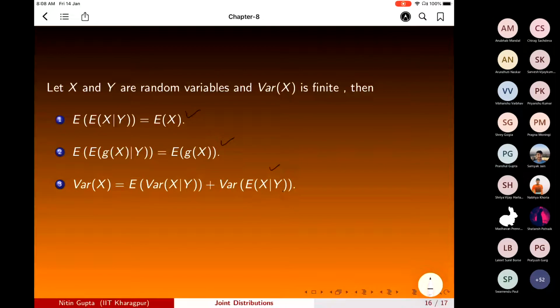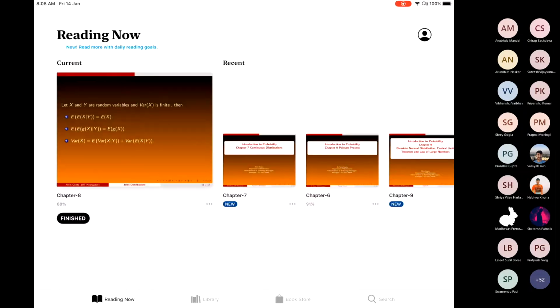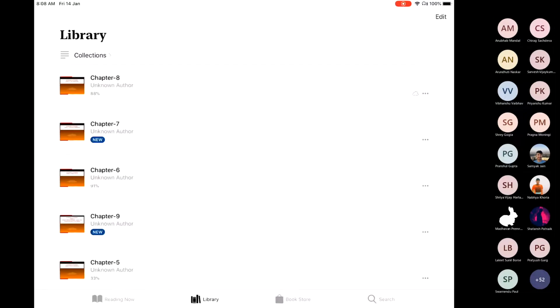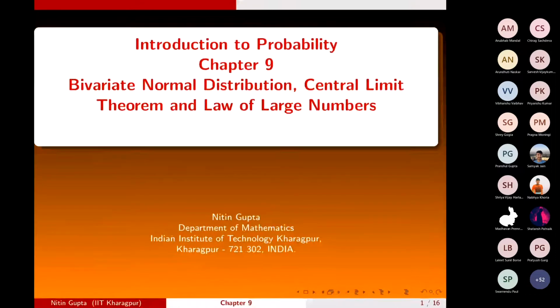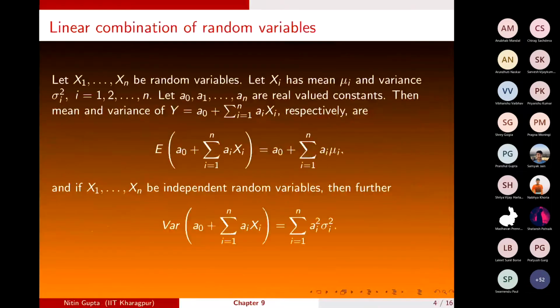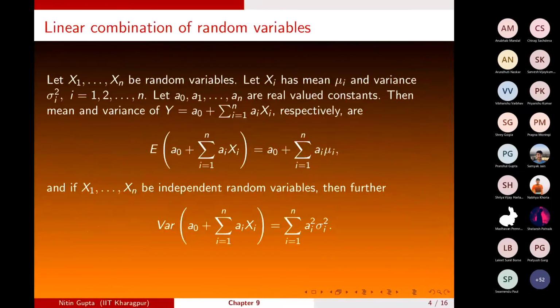Now let us define the linear combination of random variables.